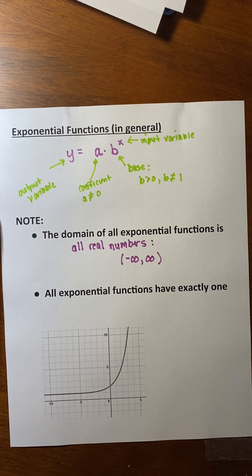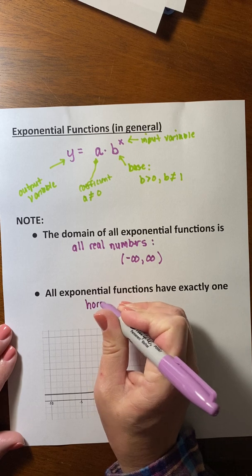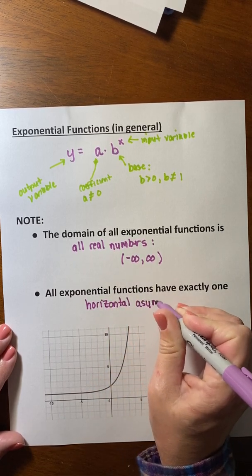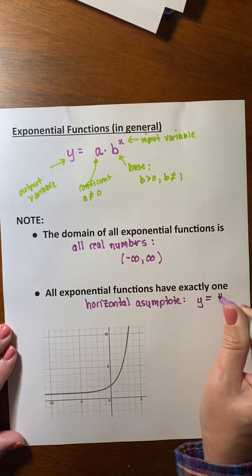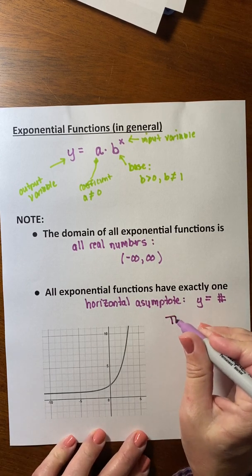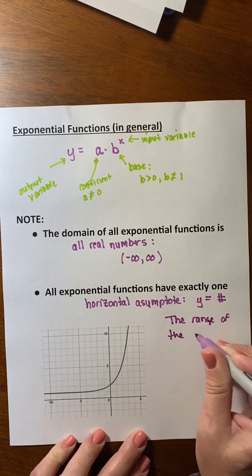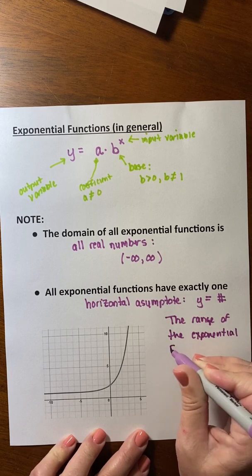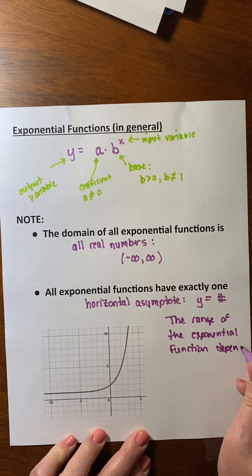it's all real numbers. All exponential functions have exactly one horizontal asymptote. And it's always y equals some number. It's a horizontal line. And the range of the exponential function depends on this horizontal asymptote.